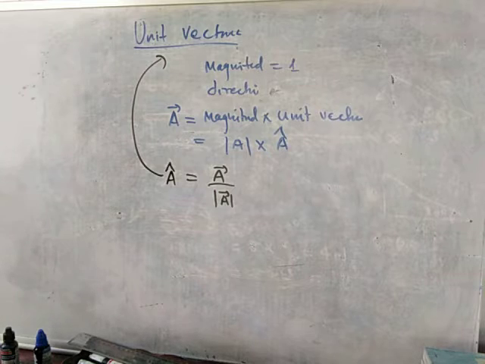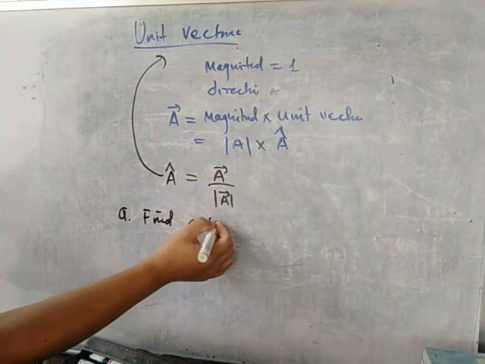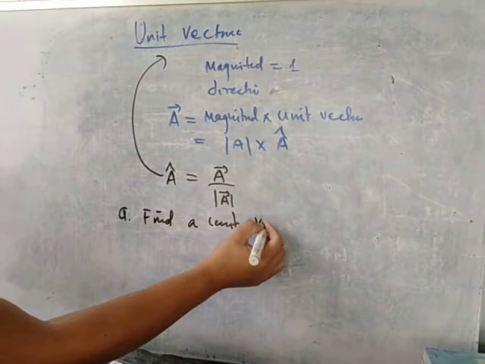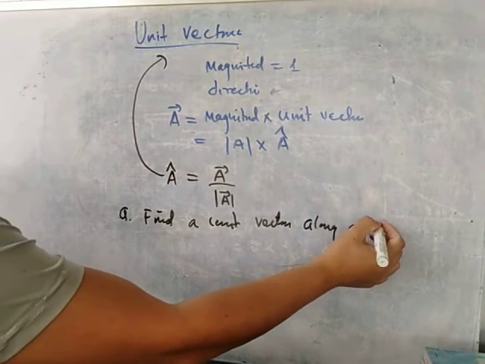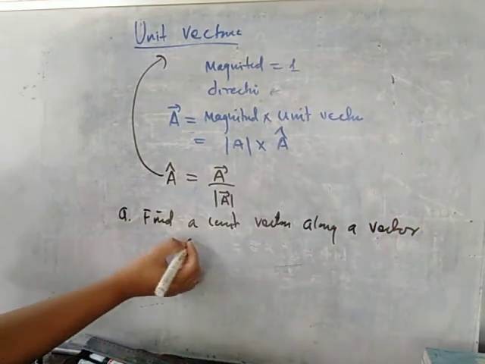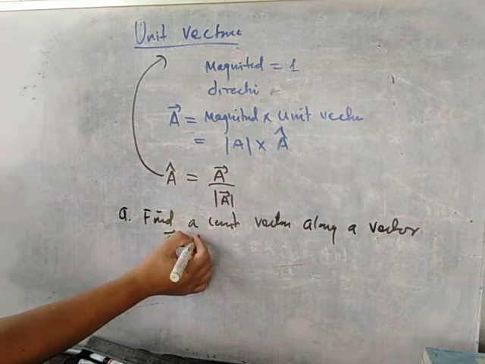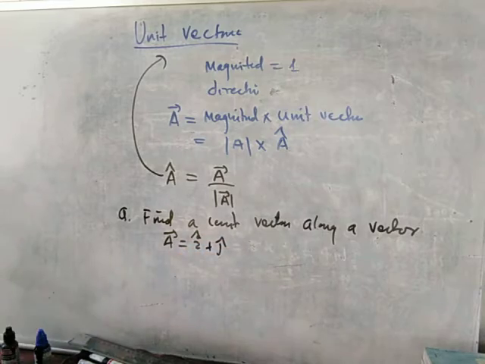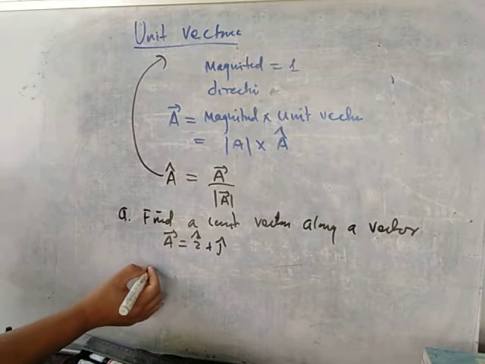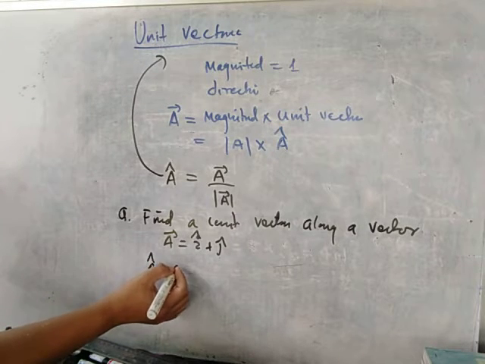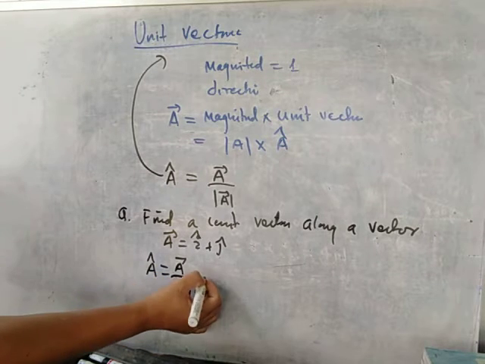Now they may ask questions like: find unit vector along a vector A equals to I cap plus j cap. अहिले म भन्छु यो I cap j cap भनेको के हो. So A cap equals to how much? The vector A divided by magnitude of A. So vector A how much?